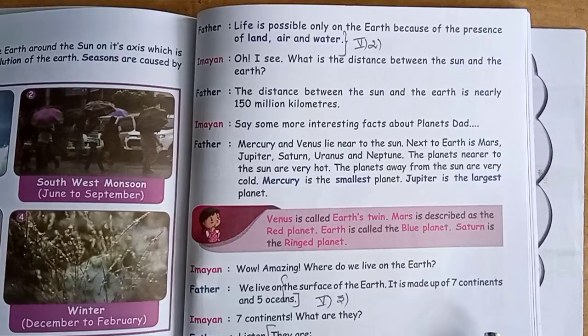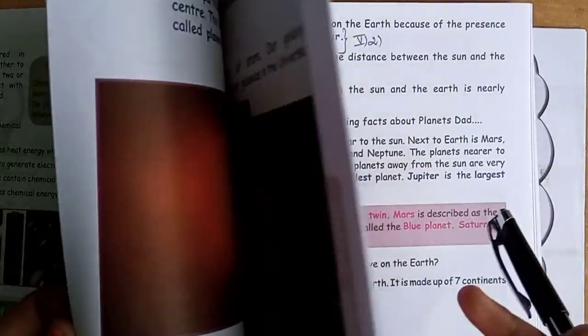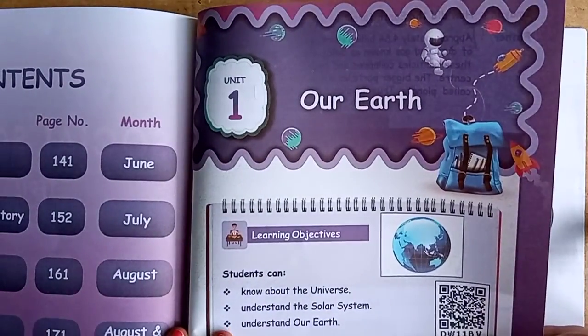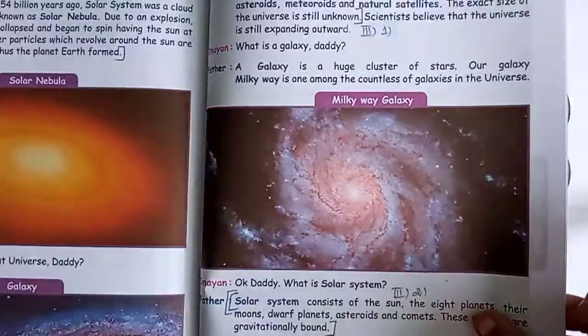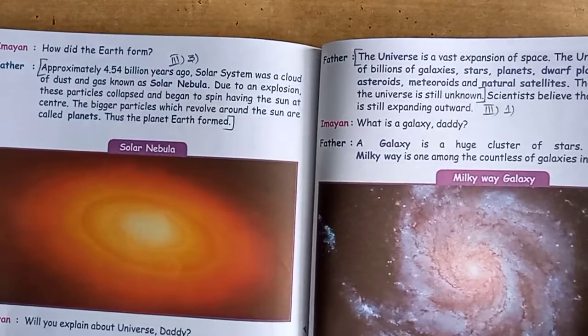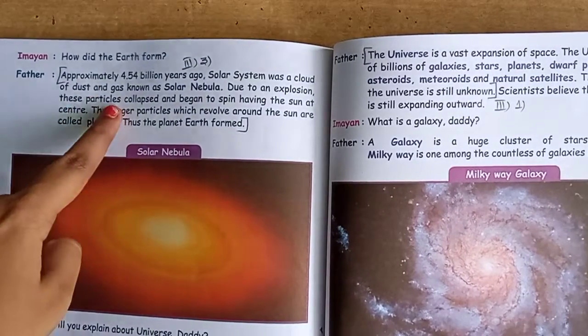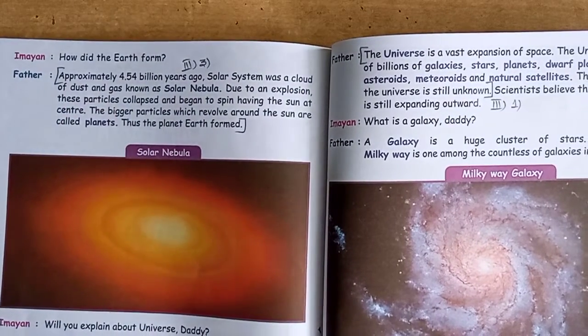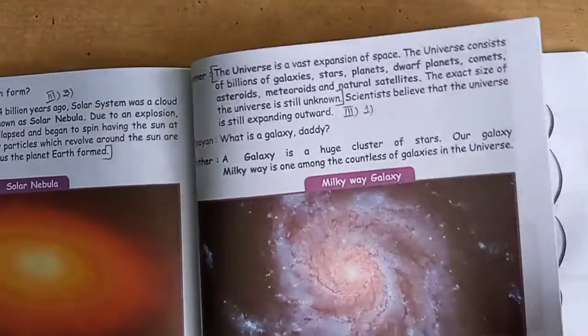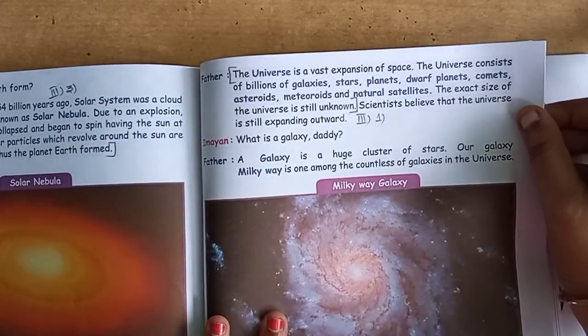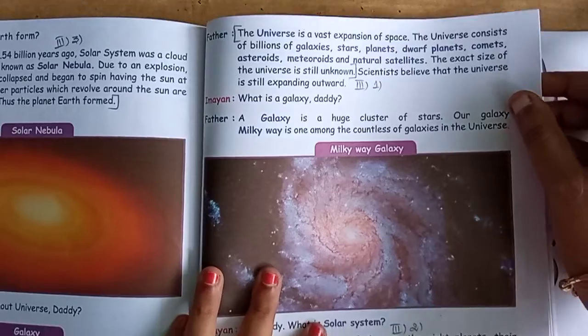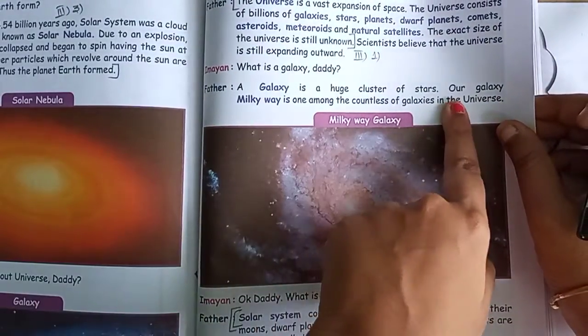Shall we recall what we studied yesterday? Our earth. We studied how the earth formed and about the universe. We know the explanation of the universe. What is a galaxy?